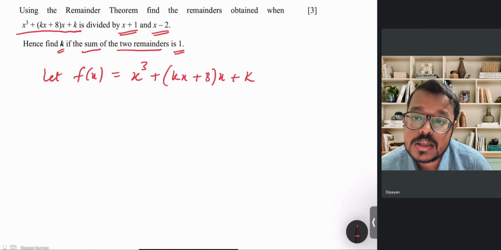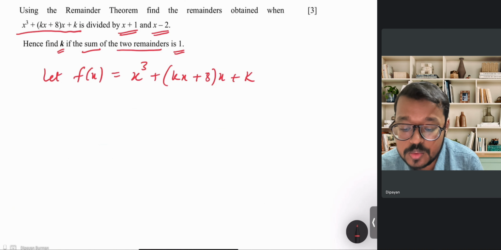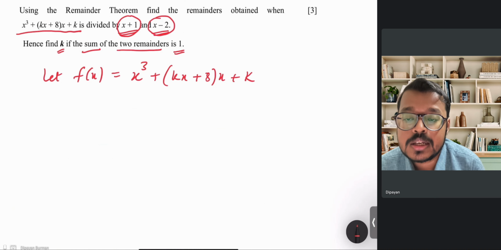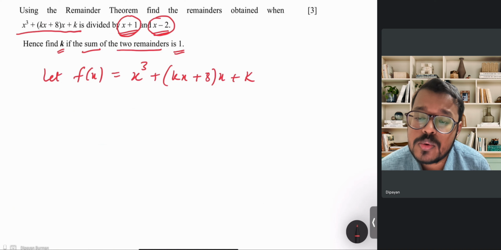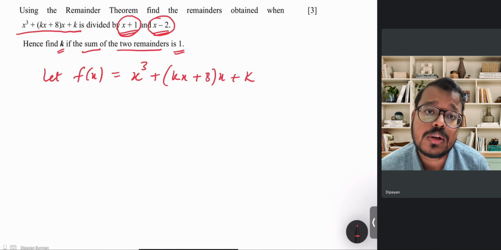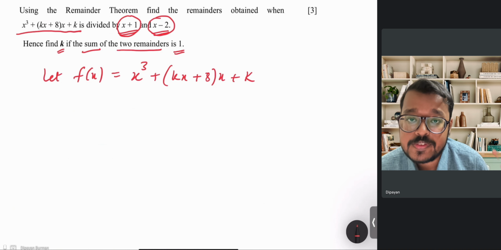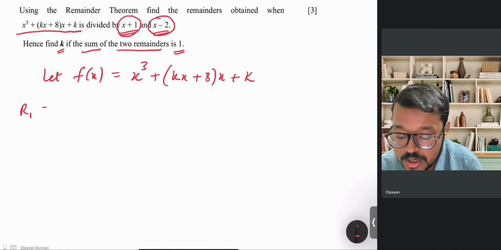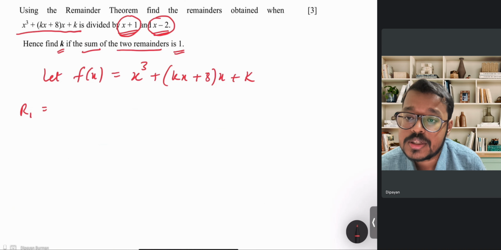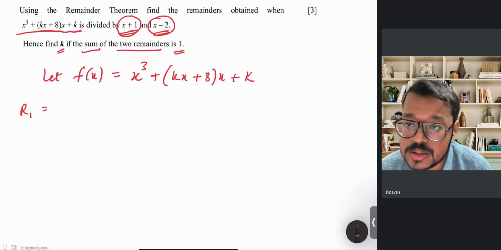Now this is divided by first x plus 1 and then also x minus 2. So we have two different divisors in our question with the same dividend, which is f of x. And they're saying that the sum of the two remainders will be equal to 1. So let's find the remainders individually. Let's say that the remainder is r1 when we are doing a division with the first divisor x plus 1.